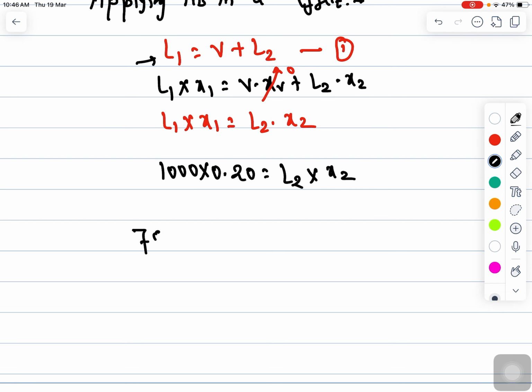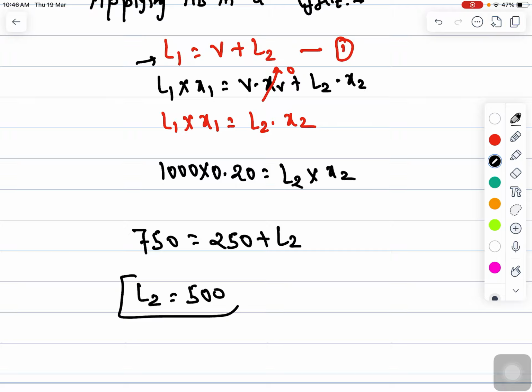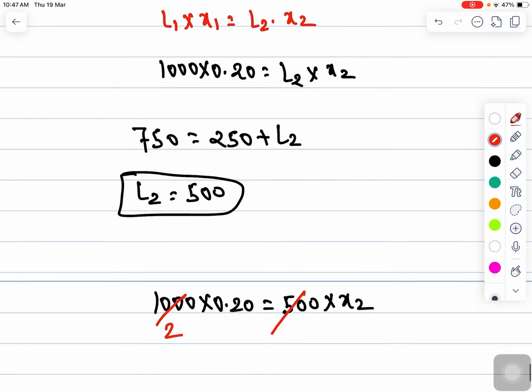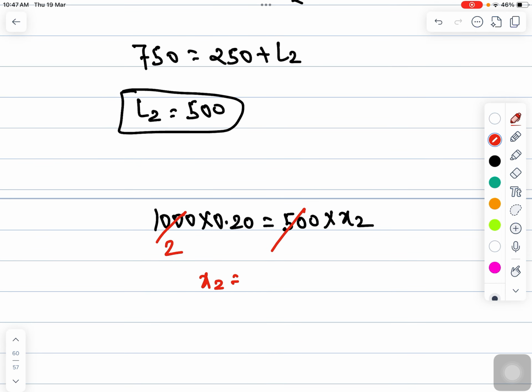So 750 equals V, which you know is 250, plus L2. So the value of L2 you will get here is 500. Once you know L2, you can substitute: 1000 multiplied by 0.20 equals 500 into X2.